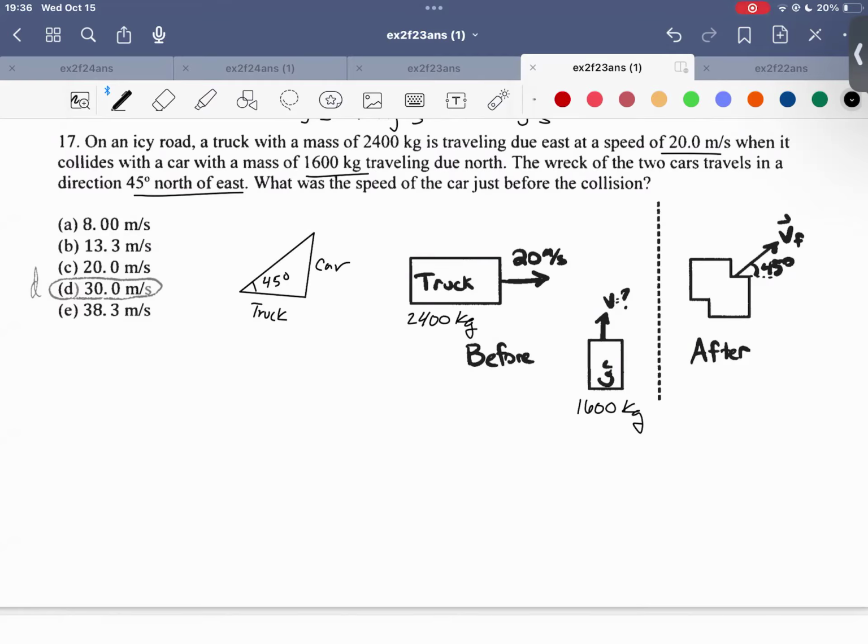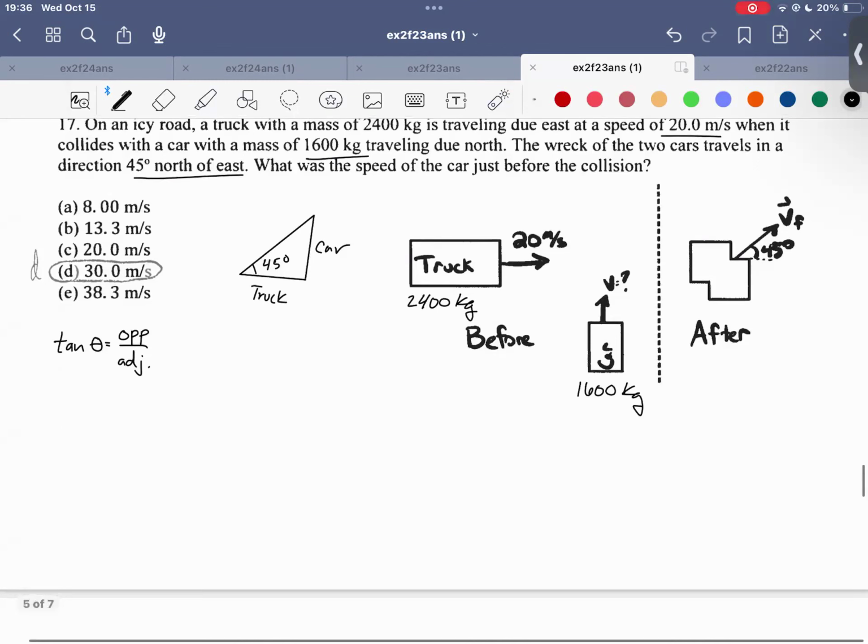Working with these two, we can use tan theta is equal to opposite over adjacent. So tan 45 degrees is equal to our opposite, which is the car momentum, over truck momentum at the bottom.